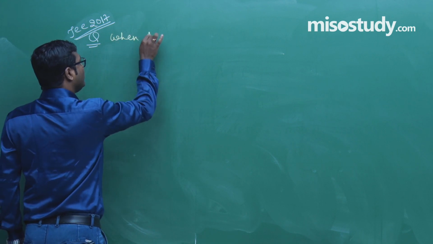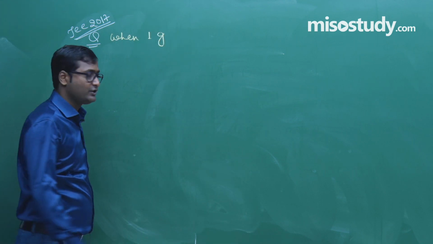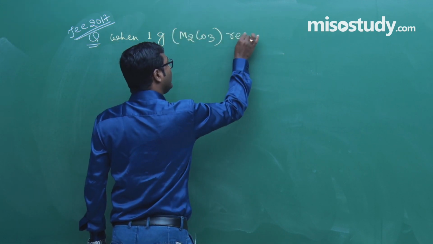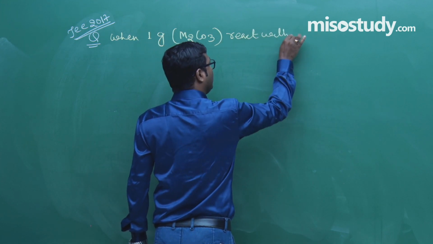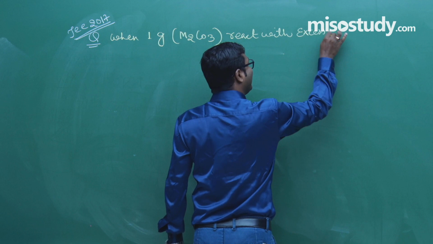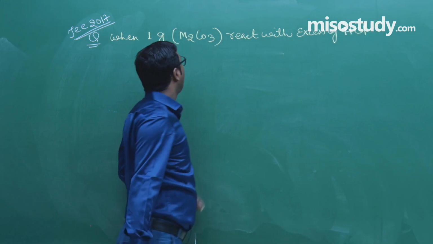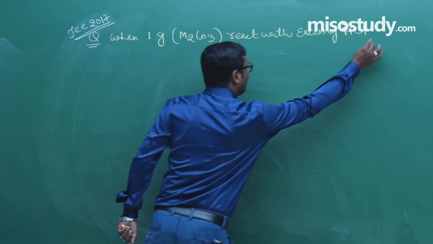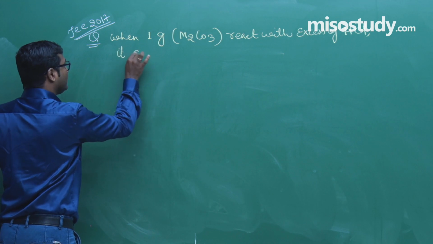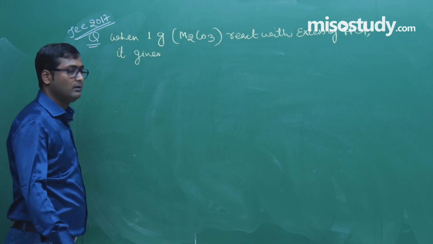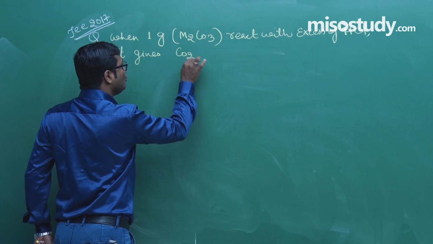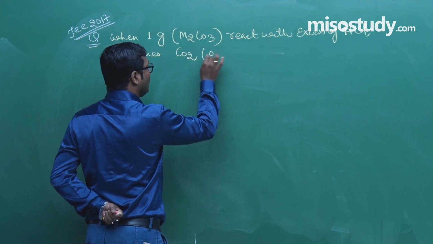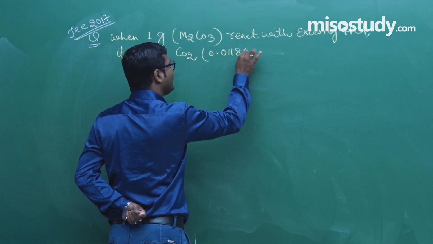Listen carefully. When 1 gram of metal carbonate reacts with excess of HCl, it gives CO2, and the CO2 is 0.01186 mole.